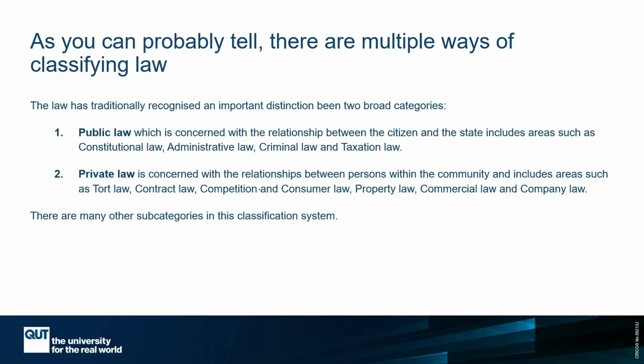The first major classification that we have is public law versus private law. Public law is when it's about the relationship between the citizen and the state, between the person or people and the government. So things like tax law, criminal law, administrative law, constitutional law, they're public laws because they govern the relationship between the government and citizen.